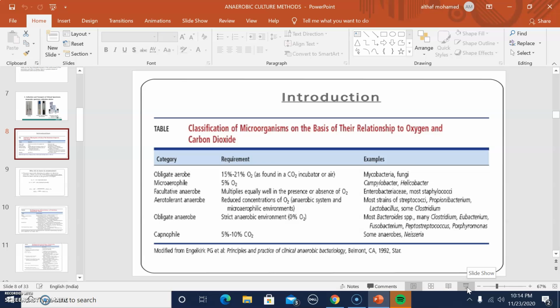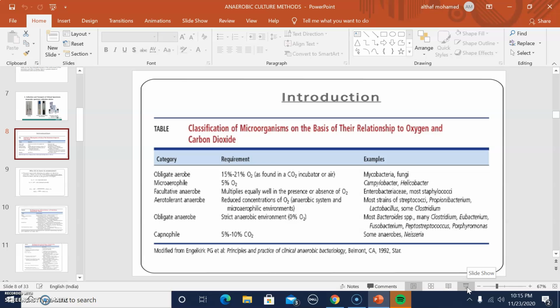Next category are obligate anaerobes. They are strict anaerobes. They require a strictly anaerobic environment, that means 0% oxygen. Examples are most Bacteroides species, many Clostridium, Eubacterium, Fusobacterium, Peptostreptococcus, and Porphyromonas. So these are true anaerobes.